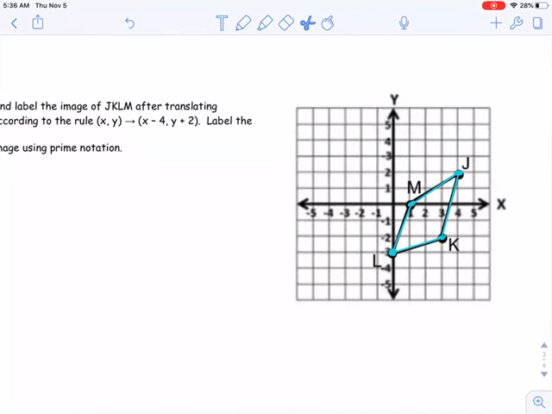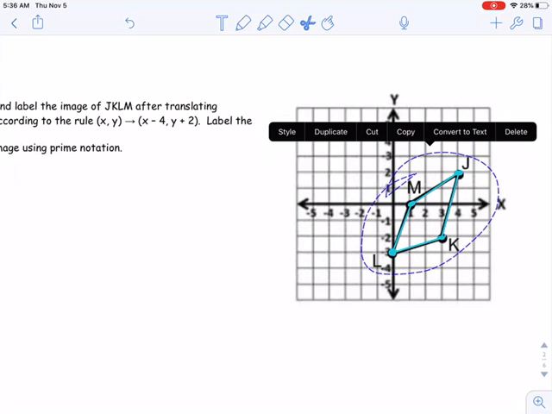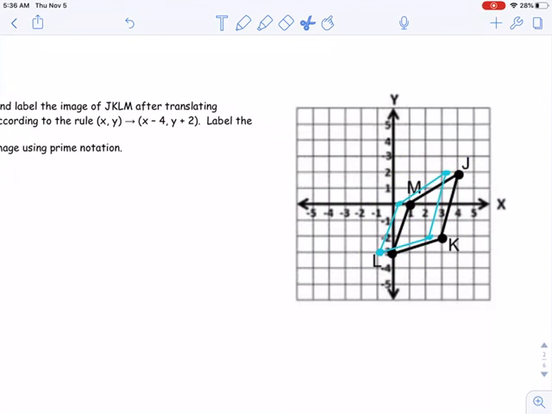Actually I can just shift this. Watch, I'm going to go 4 to the left, 1, 2, 3, 4, then up 2. Boom. Alright.